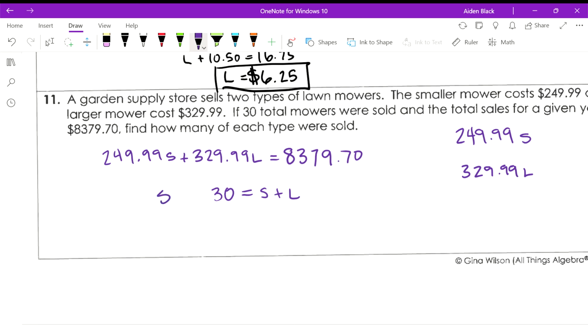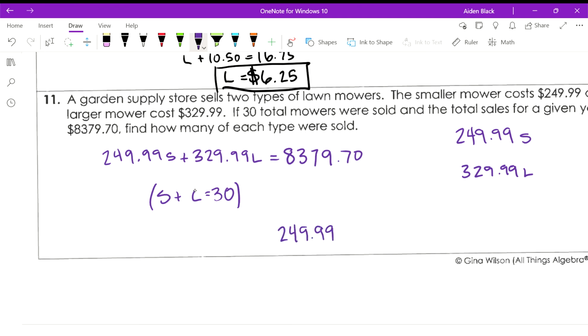Maybe it'll look better like this. Now what we want to do is multiply this bottom equation by either 249.99 or by 329.99. We'll do this. Multiply this by 249.99.